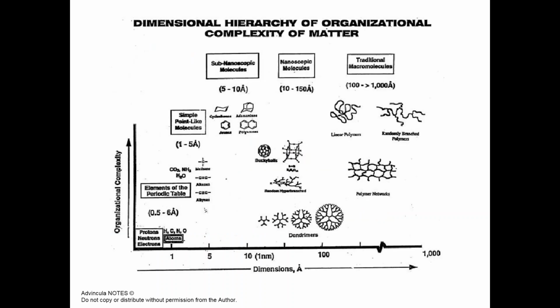In the dimensionality of matter, you can see here that small molecules can be classified within the regime of elements or behavior of matter as liquid, solid, or gas. When these molecules are formed as compounds, they change in size and complexity.